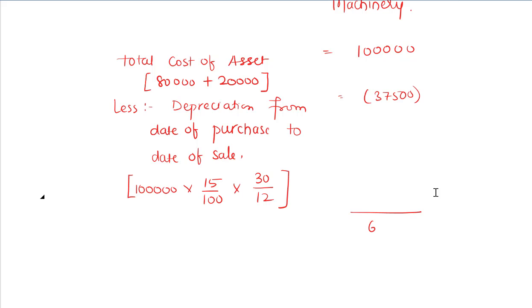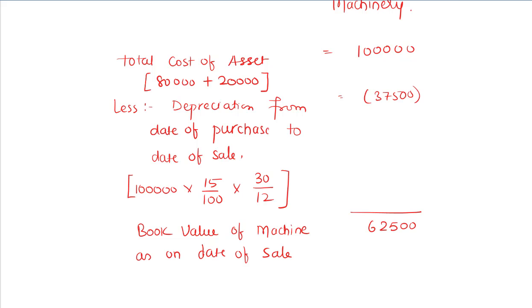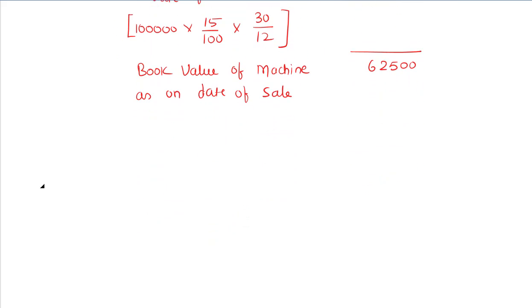So 1 lakh minus 37,500 is 62,500. What is this? Book value of machine as on date of sale.